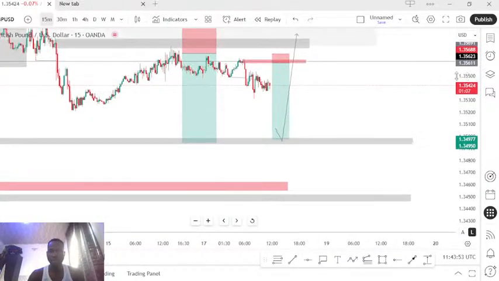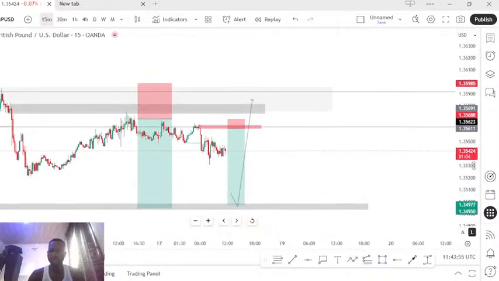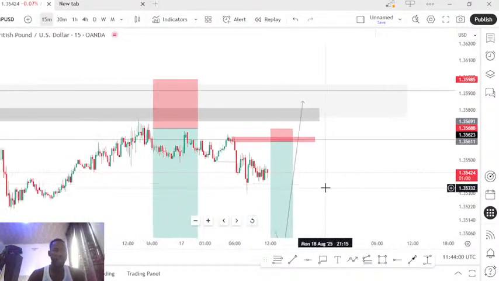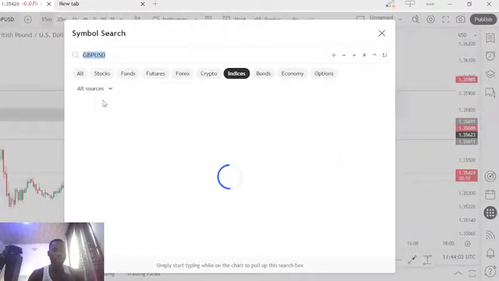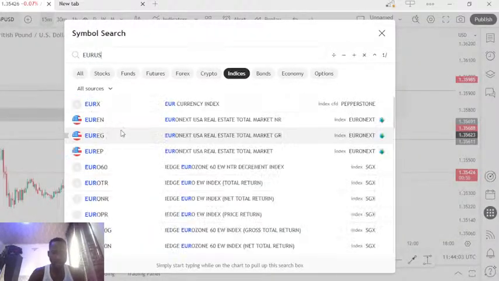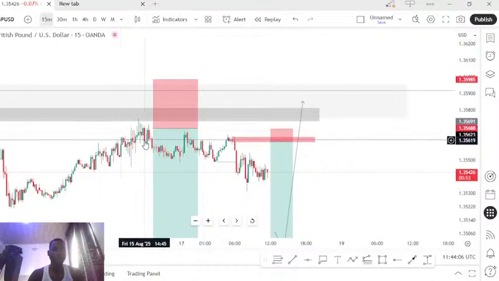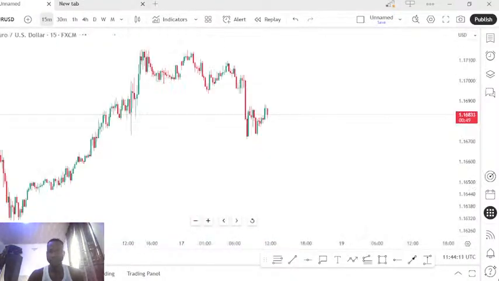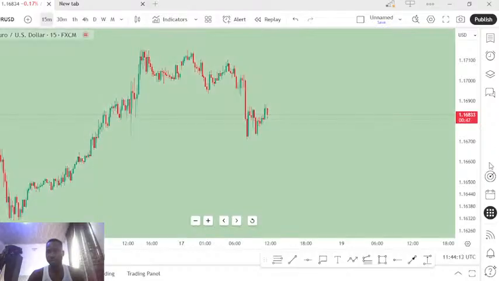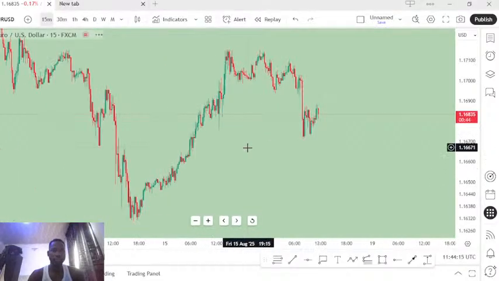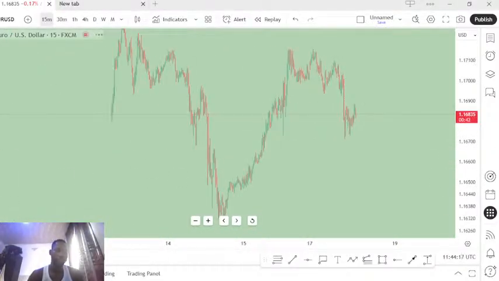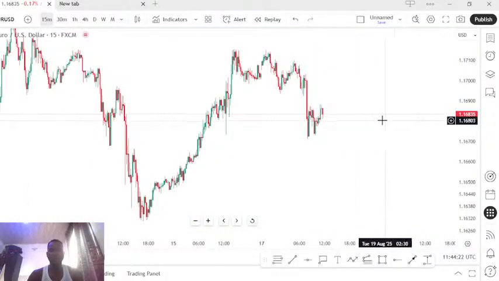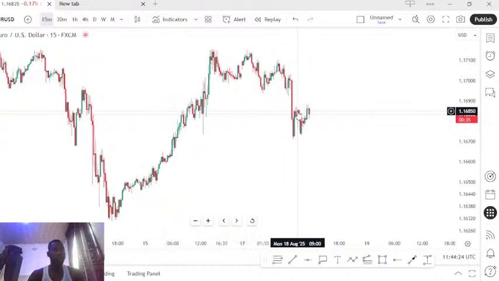I actually took out my profit and I'm expecting to see another entry opportunity, but let's see EURUSD. What is on EURUSD? So we have this on EURUSD.